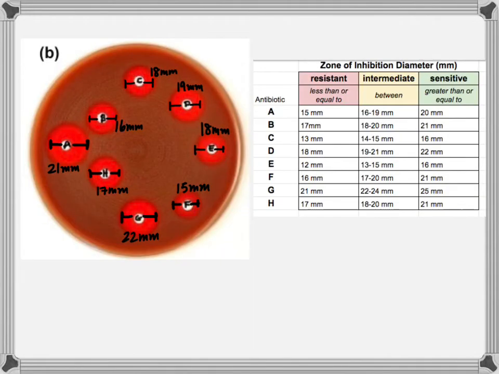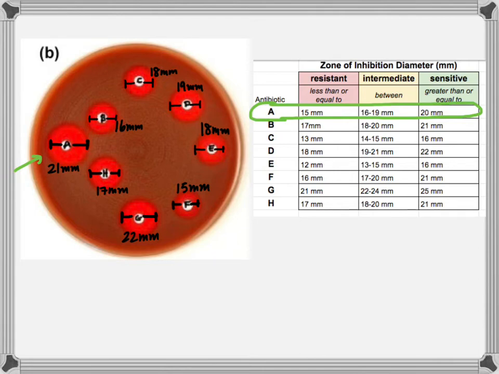Remember that we need a table that tells us how far that antibiotic is going to travel through the agar. And we'll start by interpreting one of these together. We're going to look at antibiotic A. And for antibiotic A, we see that if the zone of inhibition is less than or equal to 15 millimeters, we would consider the bacteria to be resistant to antibiotic A. Well, the zone of inhibition here is 21 millimeters.